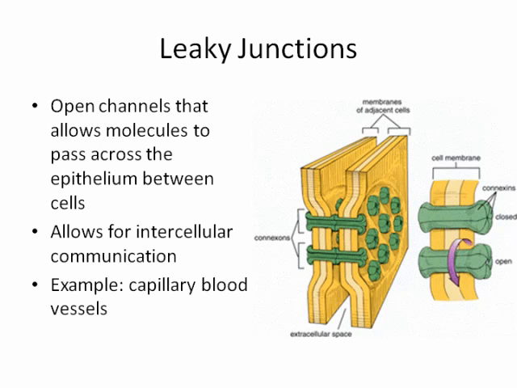Now, the opposite of that would be leaky junctions. These are really channels that are able to be open to allow for effective and consistent communication and transfer of material from one cell to another. The junction, again, is right there and right there, and you can see they're all along here.